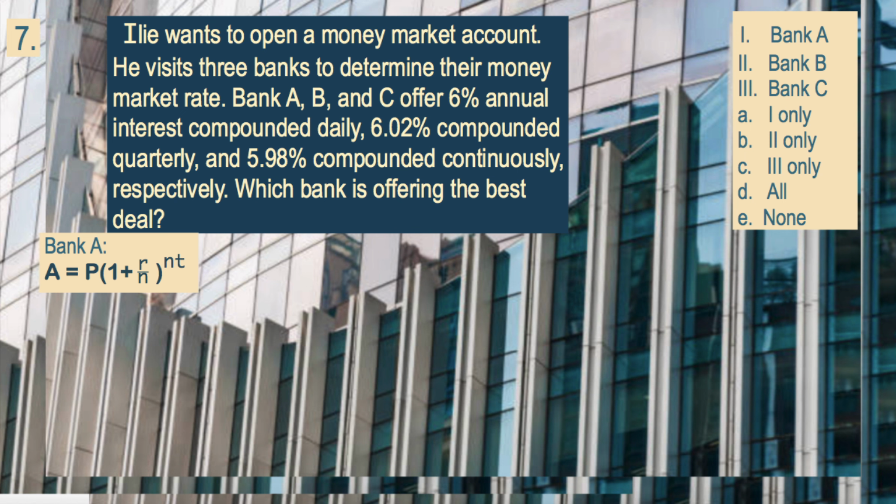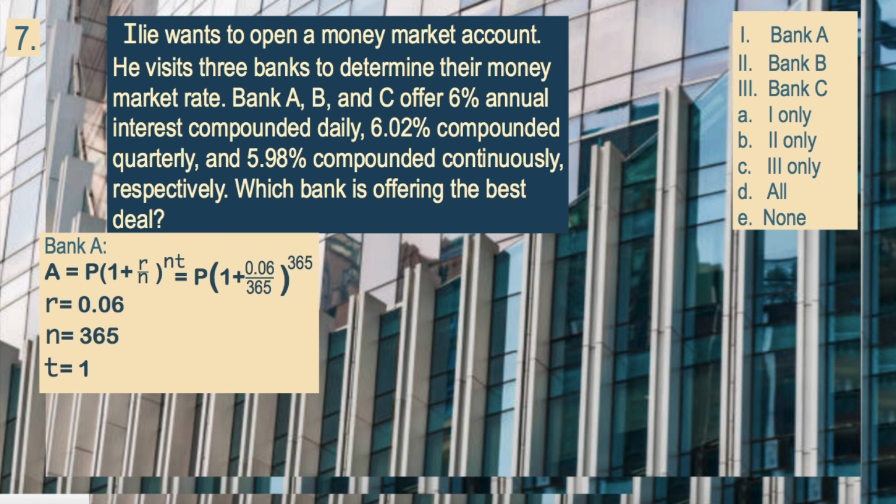A equals P times the quantity 1 plus R over N, to the power NT. The rate is 0.06 because that's our annual interest. It's compounded daily. There are 365 days in a year, so our N is equal to 365. The time is 1. We're looking at 1 year. And thus we can begin solving.